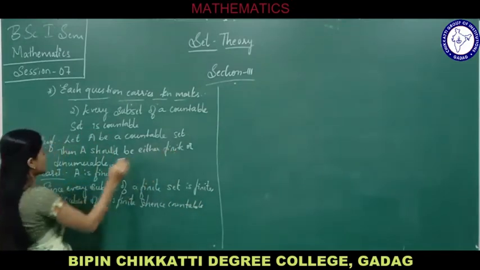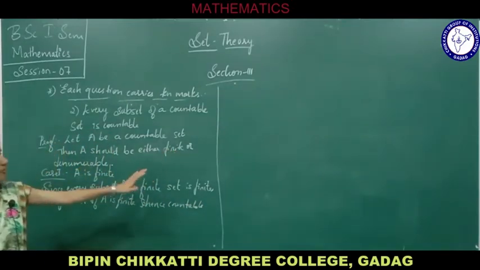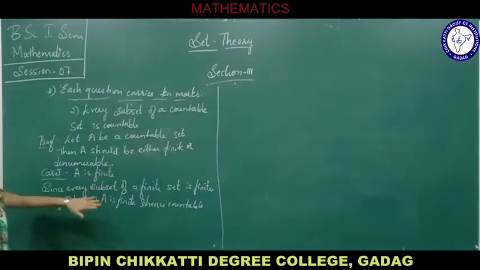We said that it is either finite or denumerable. We proved it for finite. Now let us consider case 2.